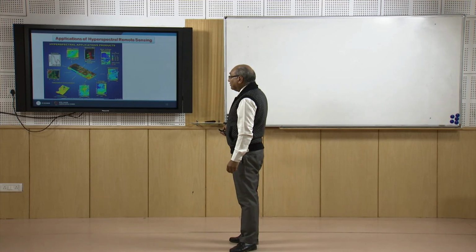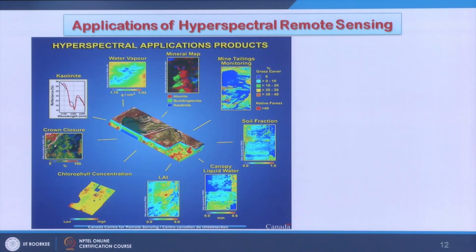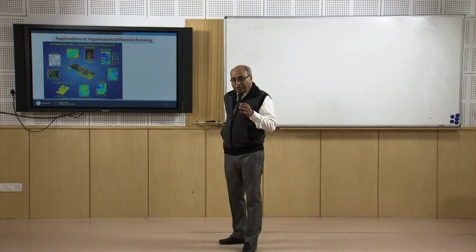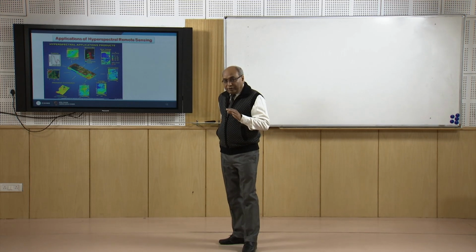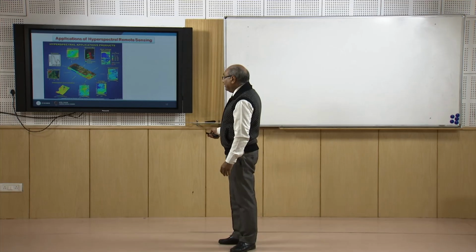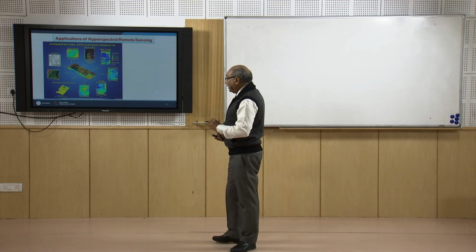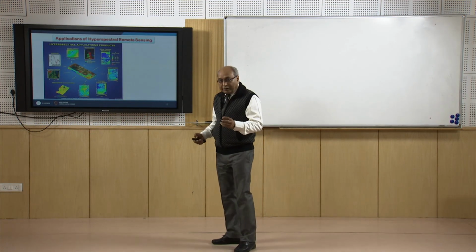Now soil fractions, overall soil mapping, very accurate mapping and other things can also be done. Canopy liquid water, whether plants, trees or agriculture fields are having stress due to water or not, can also be assessed here. Leaf area index can also be measured using hyperspectral remote sensing, which will help in agriculture. It will tell whether the crop is under water stress or not.